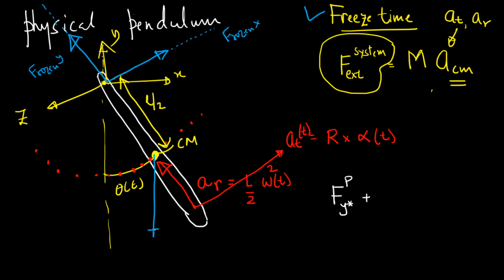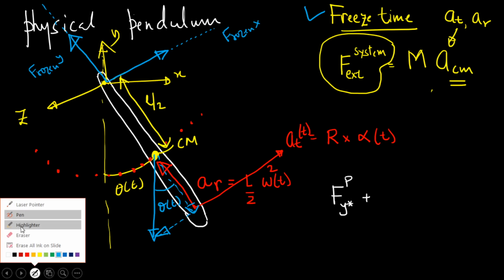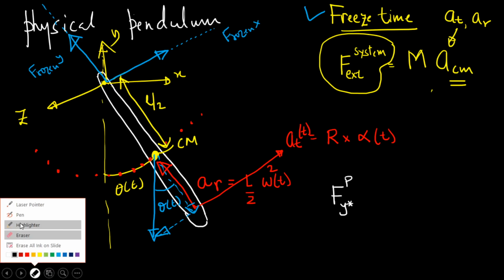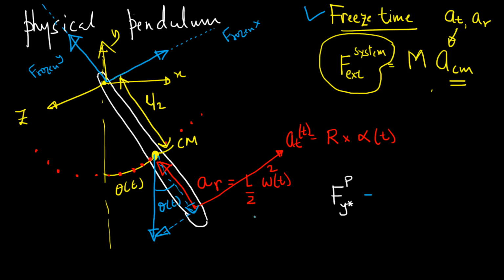Gravity is acting here. It can be split into two components, one like this. See, I'm getting the arrows right. One like this. Mind you, this is theta at that instant of time, and so if I'm writing force towards the center, I should put a minus sign here, and this is mg, so this is going to be mg cos theta at that instant of time, frozen time.